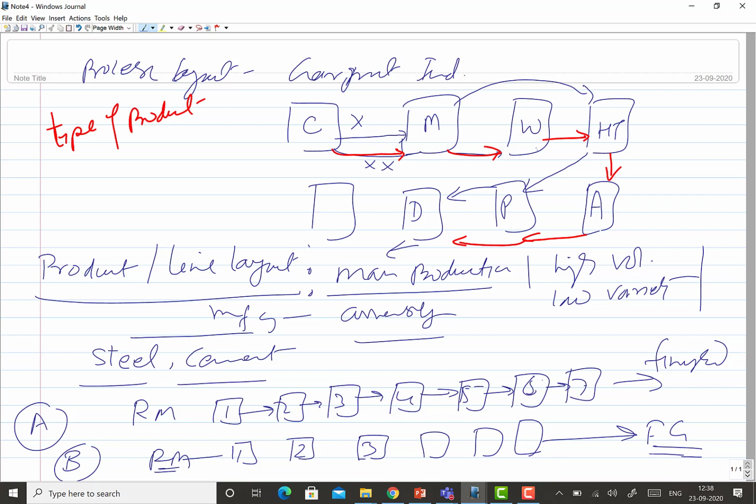Then only the second line or other lines will be justified. For steel and cement industries, you will see that these run continuously, otherwise the work will be stopped and there won't be any production. So these work on a continuous basis for producing high volume.